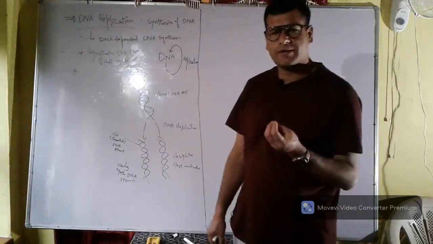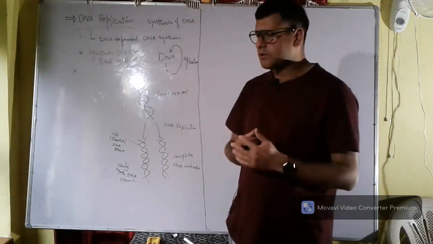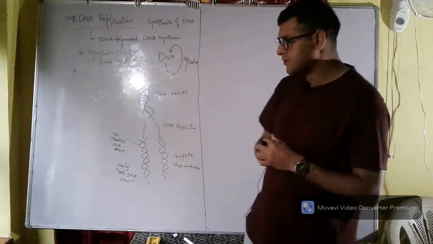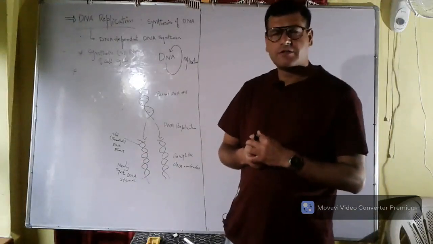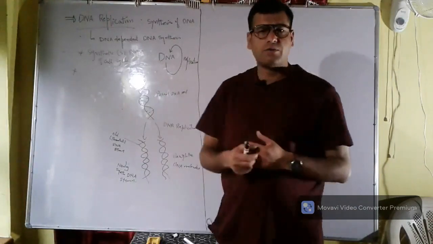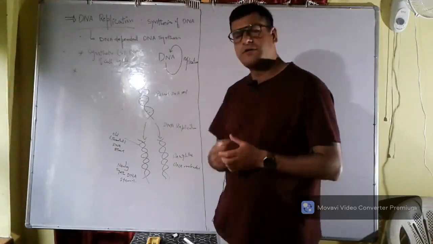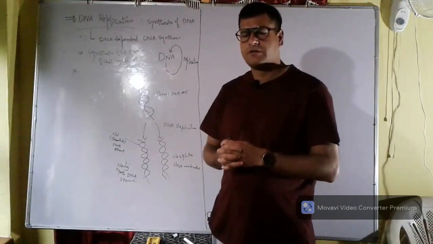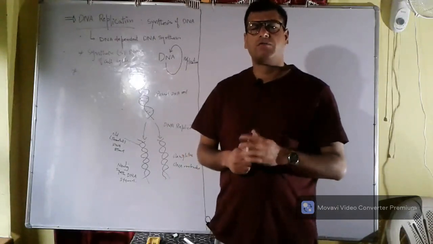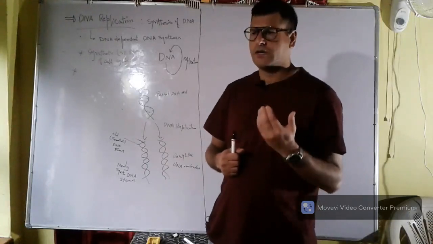That means for the sake of replication, this DNA uses its own sequence and synthesizes new DNA. During replication, the two strands of the double stranded parent DNA molecule get separated, and each strand acts as a template for the formation of new DNA strands.